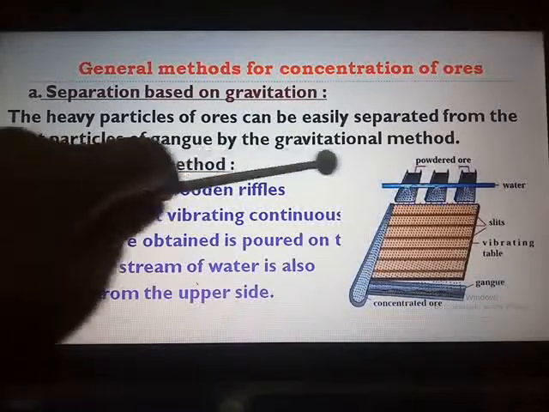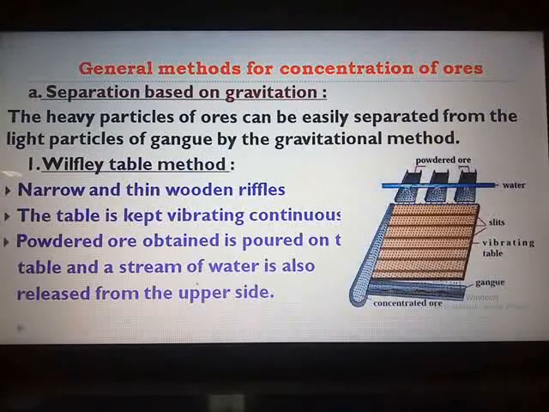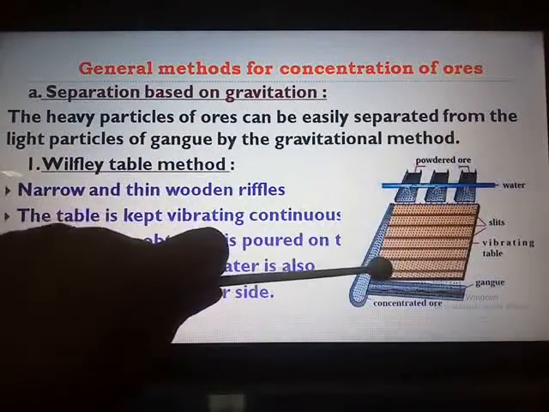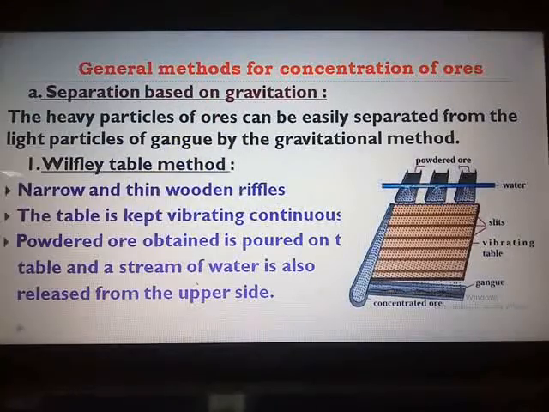Wilfley table method. Look at the diagram which is placed over here. Now in this method of separation, this Wilfley table is made up of narrow and thin wooden riffles. This table is kept vibrating continuously.